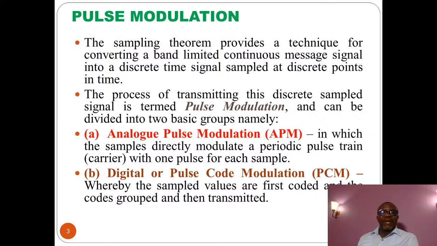and can be divided into two basic groups, namely analog pulse modulation, which is termed APM. In analog pulse modulation, the samples directly modulate a periodic pulse train, which is also known as the carrier, with one pulse for each sample.